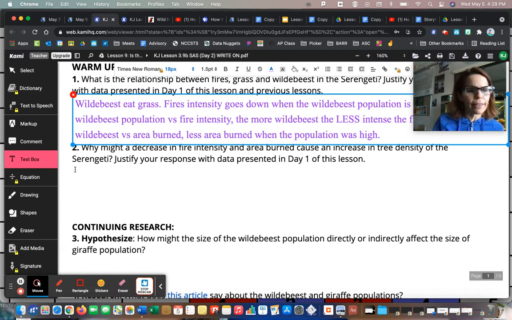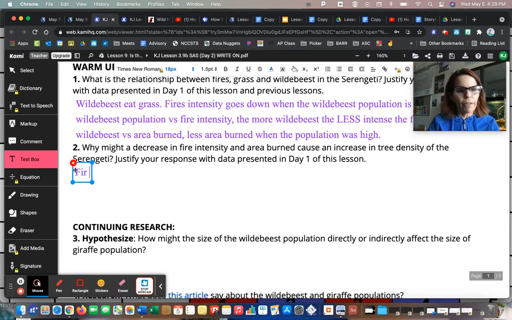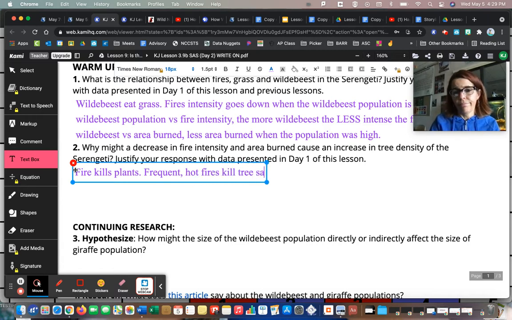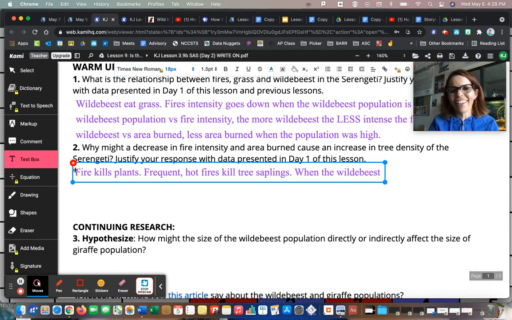Remember that. Let's see if we can type it out here. Fire kills plants. Frequent hot fires kill tree saplings. I'm sorry, I hate that word.